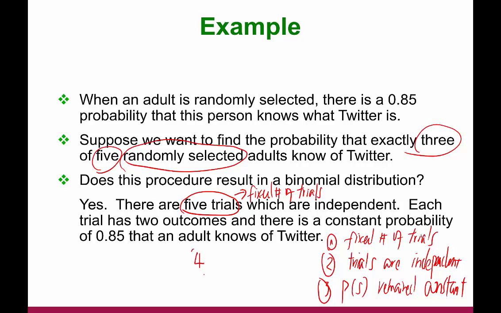The fourth condition is outcomes in two categories. Either the adult knows Twitter or does not know Twitter. Knowing Twitter will be the success event.